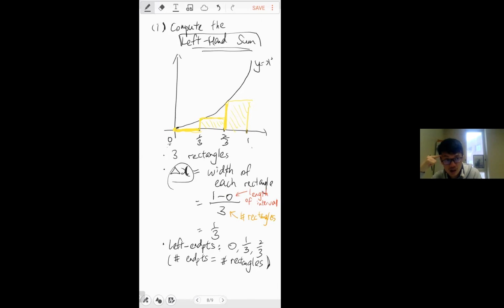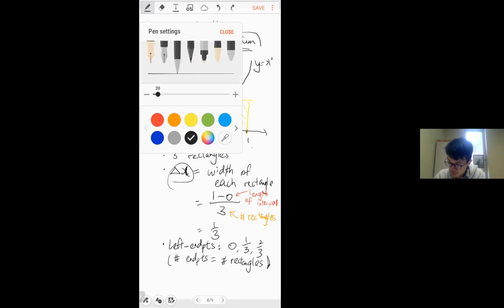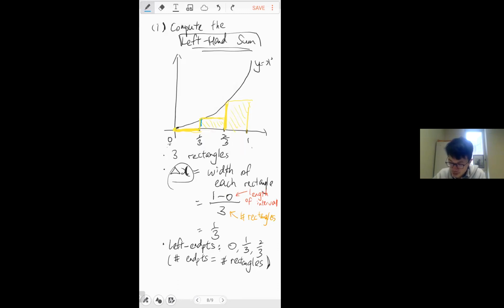It's 1/6, 1/9. How did you get that? So this is the height. This is the height of the rectangle. And this is also the y value for 1/3.